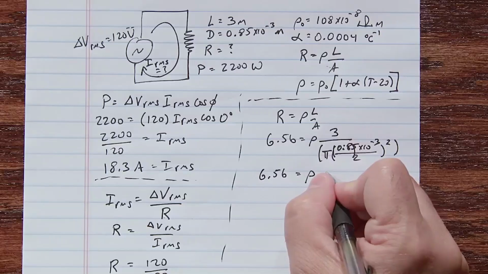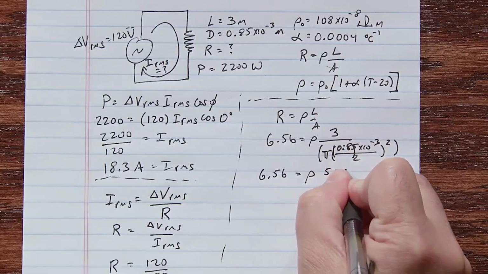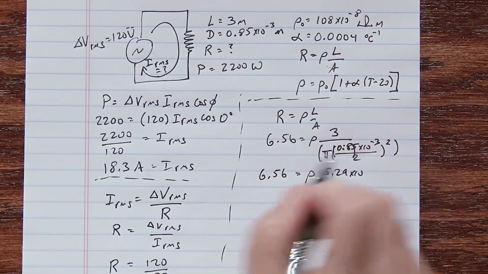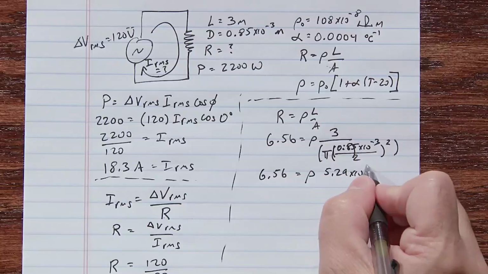And that comes out to be 5.29 times 10 to the 6.